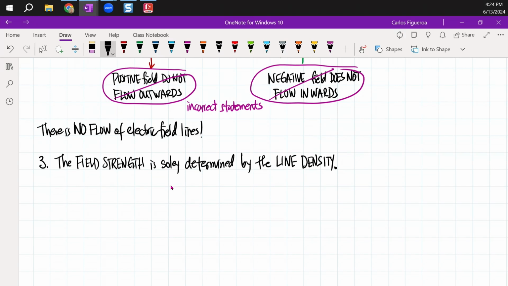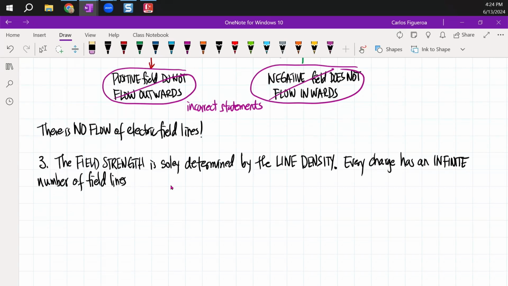So like I said here is that every charge has an infinite number of field lines. And you know what? I should have said this in big words. Every charge has an infinite number of field lines.